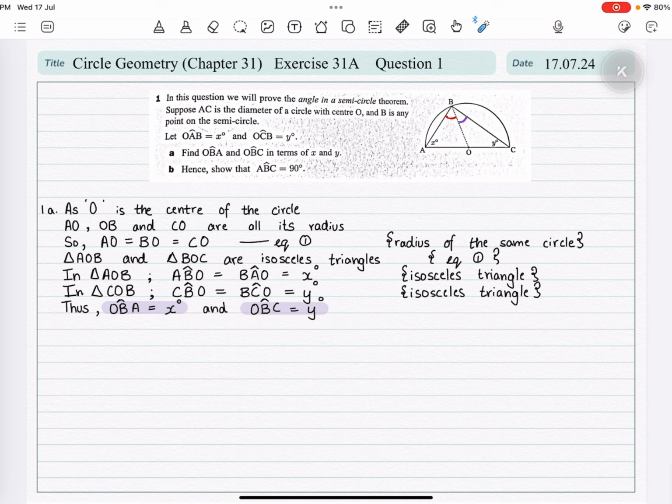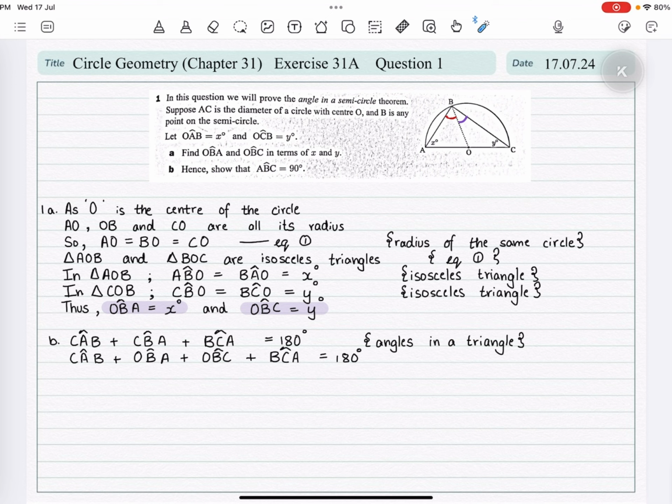So we will start by listing that angle CAB plus angle CBA plus angle BCA is equal to 180 degrees, because angles in a triangle add up to 180 degrees. Then we can substitute CBA with OBA plus OBC.